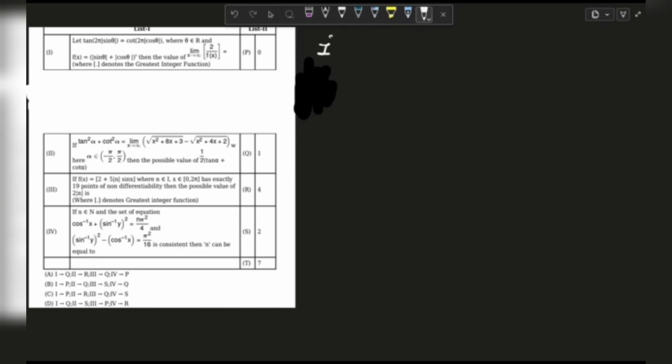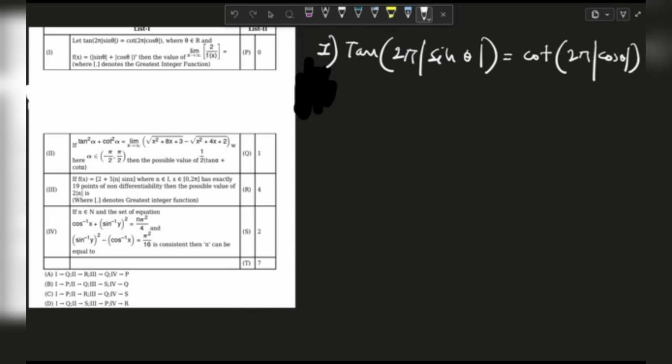So for the first part of the question, here we will have basically tan of 2 pi mod sine theta equals to cot of 2 pi mod cos theta, and f(x) is given as (mod of sine theta plus mod of cos theta) whole power x.